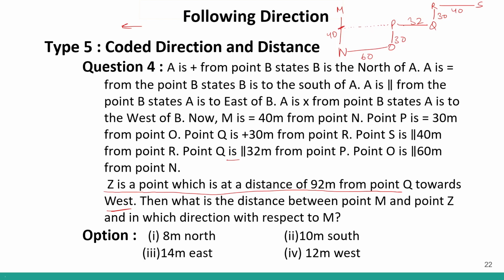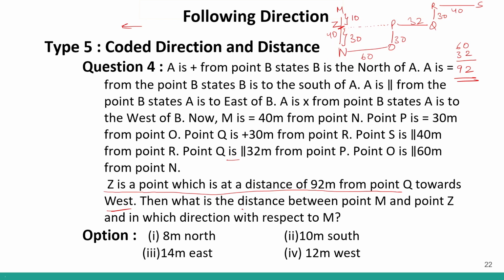From Q, if I have to go 92 meter, so this will be 60 and this will be 32. 60 plus 32 will give me 92 meter. So I will reach a point, Z will be a point on this line. This will be equal to 30 and this will be equal to 10. Correct?